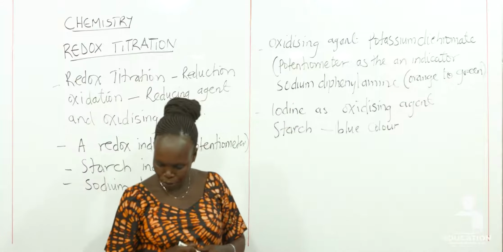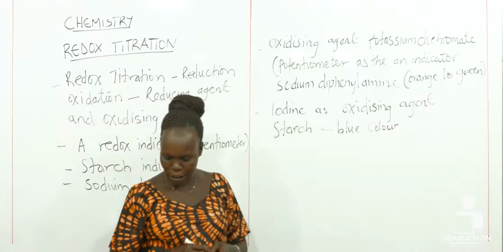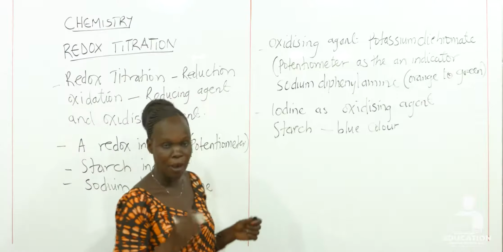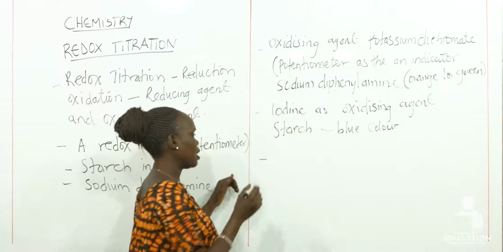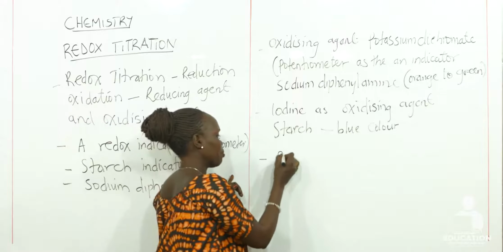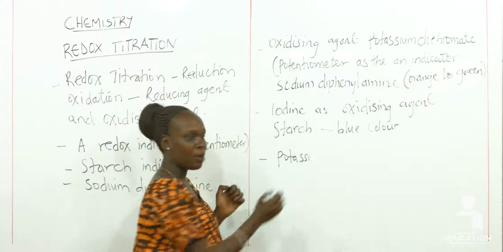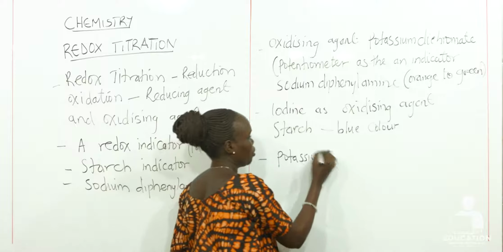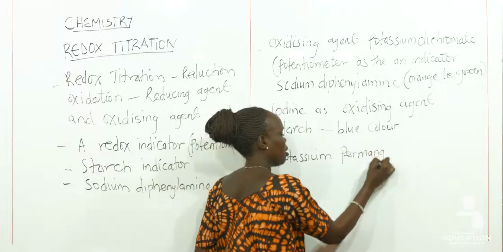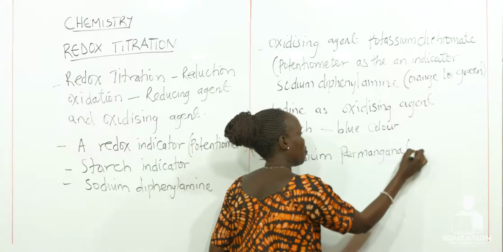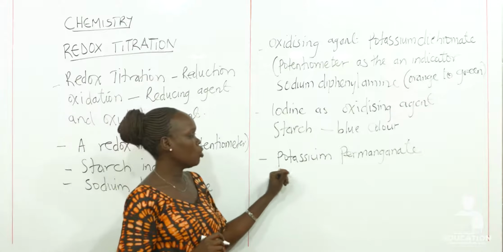Some redox titrations do not require an indicator. In this case, when we have the oxidizing agent as potassium permanganate, we are not going to use an indicator.